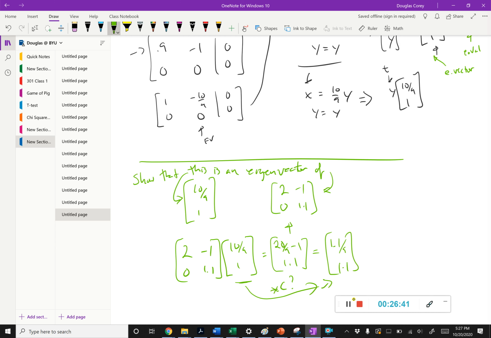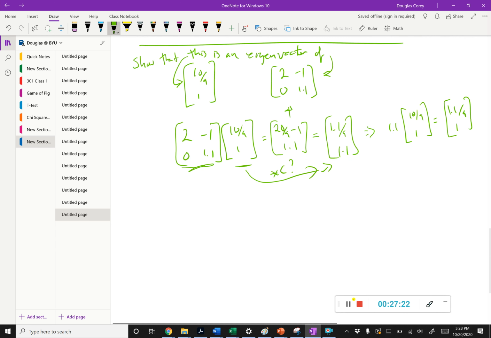If so, what constant? If it is, it has to be 1.1, because 1 has to go to 1.1. Is 10/9 times 1.1 equal to 11/9? And it is. So this is the same as taking 1.1 times (10/9, 1). If you multiply that vector by 1.1, that's the same thing as multiplying the matrix by that vector.